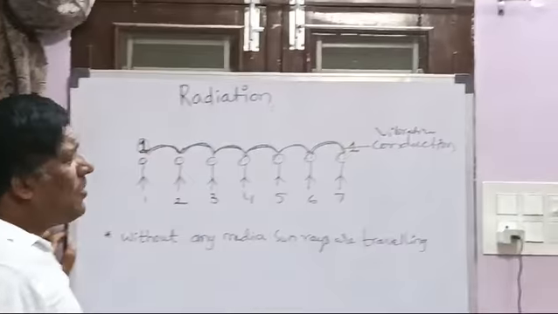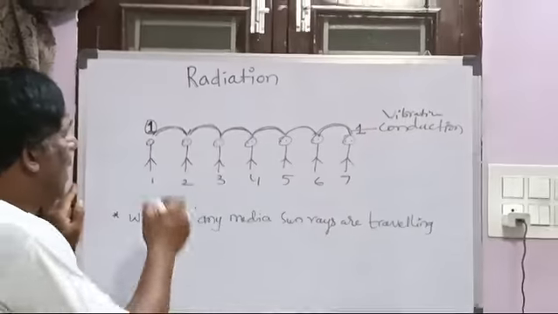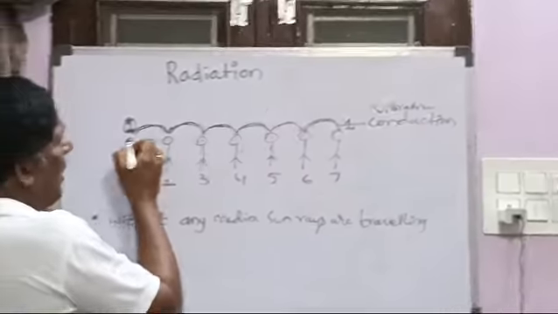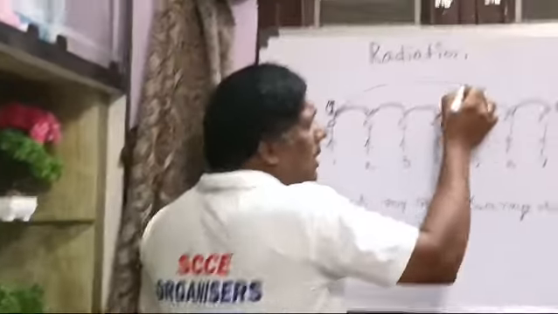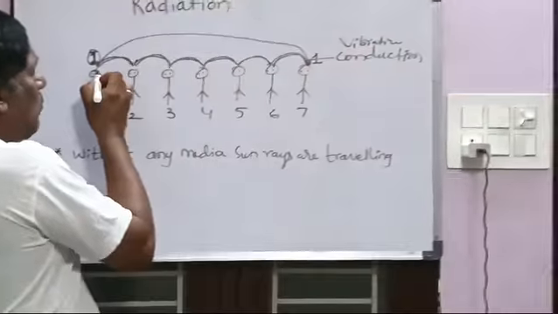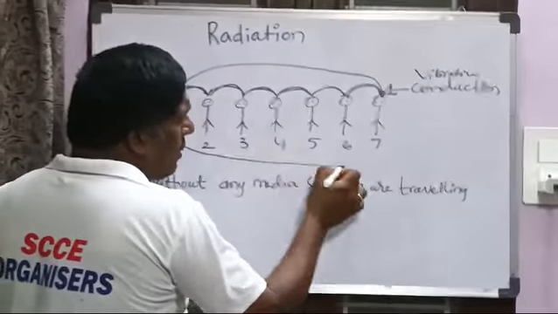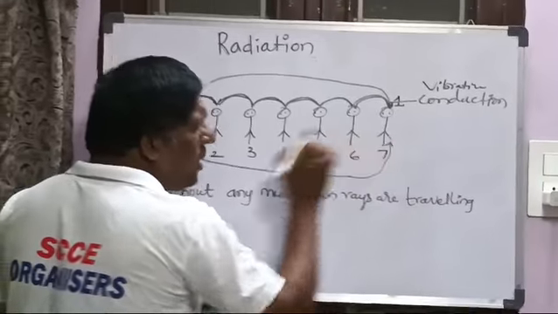Coming to convection, another possibility is that the person holding the piece of chalk directly goes and hands it over to the last person. He is moving from one place to another place, walking and handing over this piece of chalk to the last person.